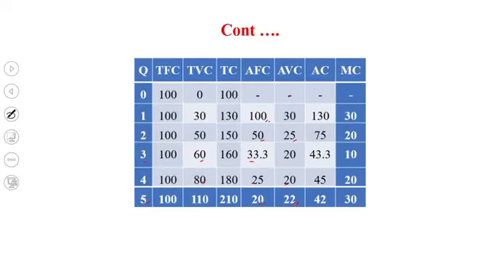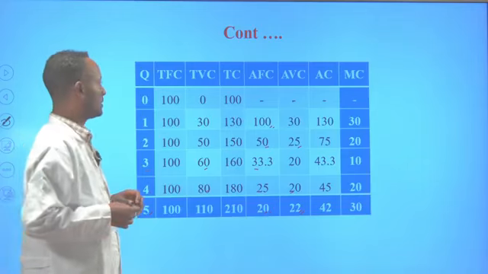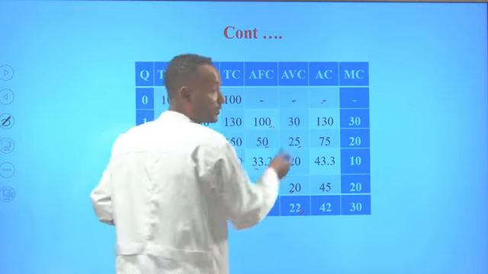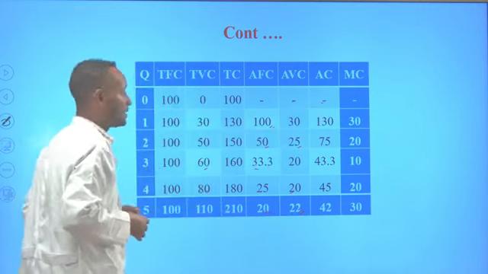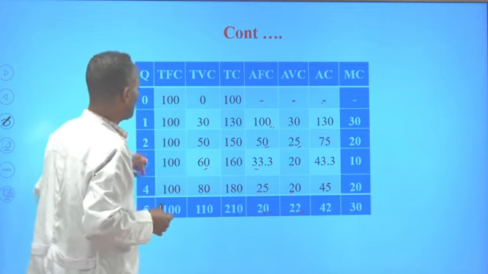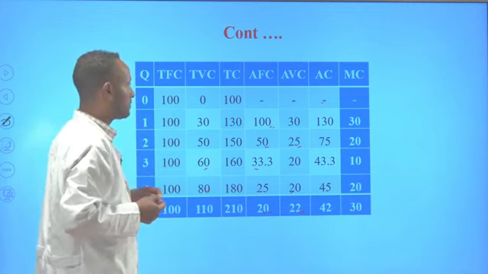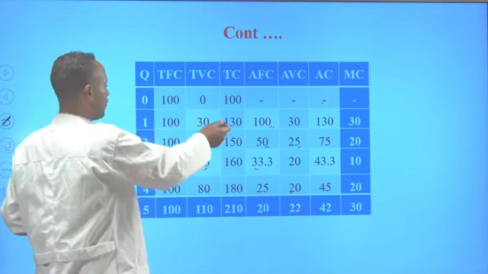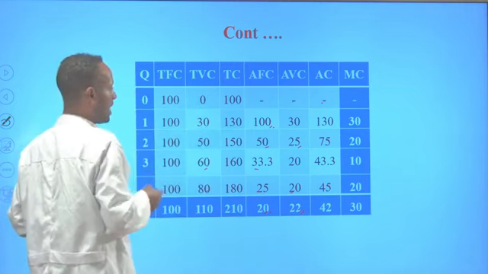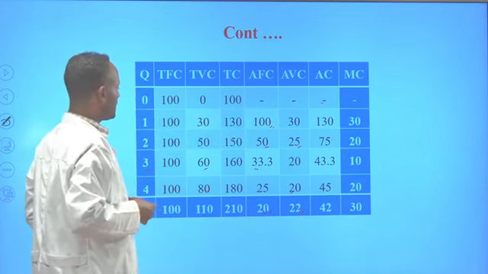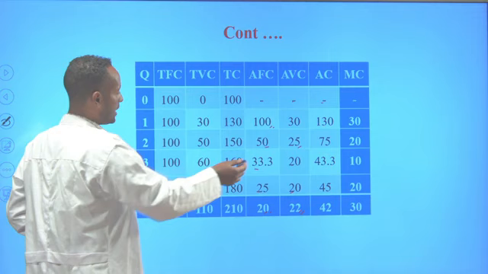The average cost of production is calculated by dividing total cost by the output produced and sold. The average cost of producing 0 units is undefined because the denominator is 0. The average cost of producing 1 unit of a commodity is 130. It is calculated by dividing TC by Q, 130 divided by 1 is 130. The average cost of producing 2 units of a commodity is 75.